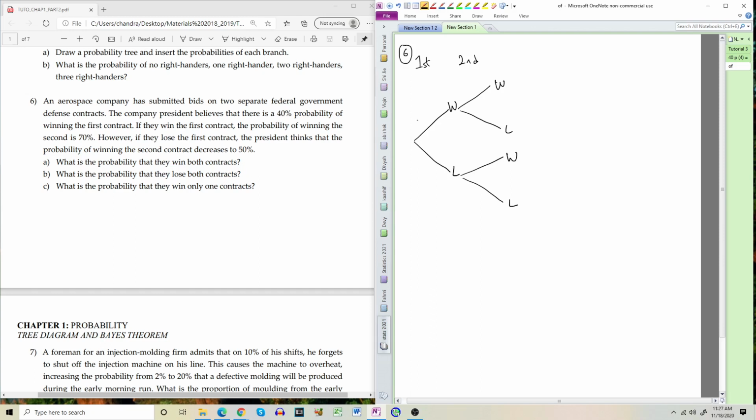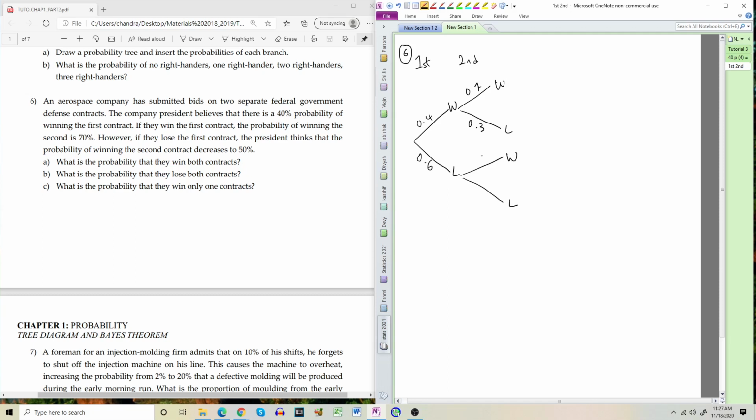Winning the first contract would be 0.4. And losing the first contract, as I suppose you are aware, to find this figure here, 0.6. If they win the first contract, the probability of winning the second is 0.7. And what would be here? 0.3.